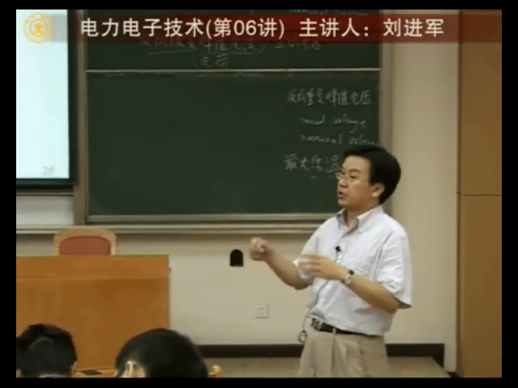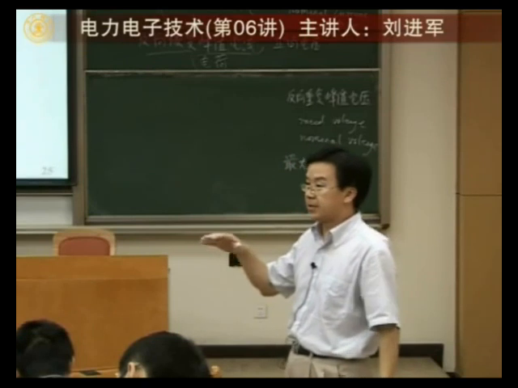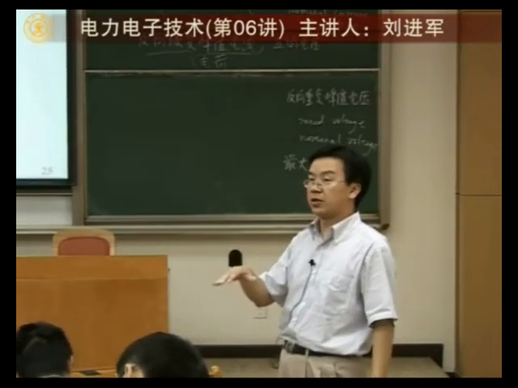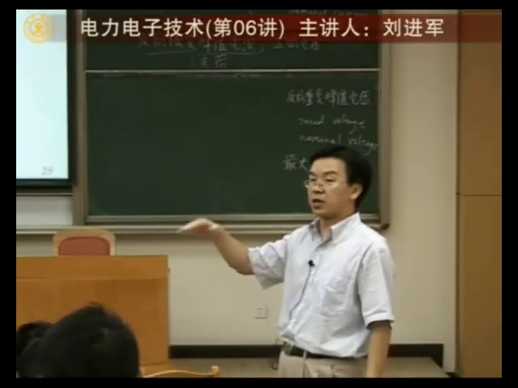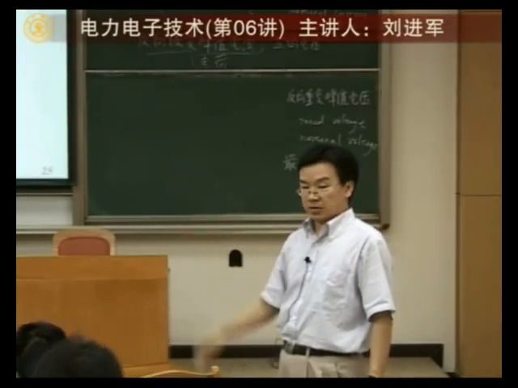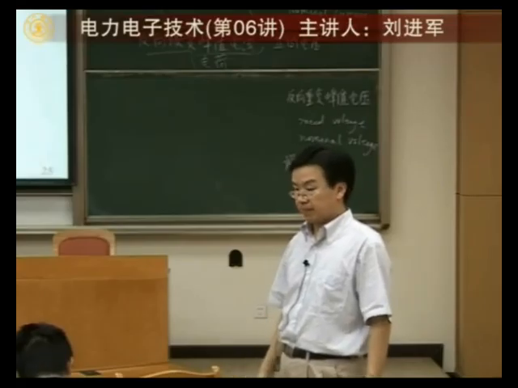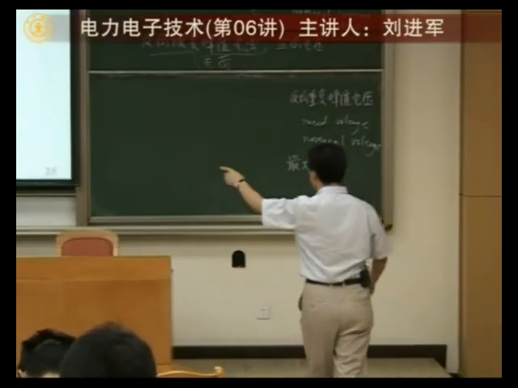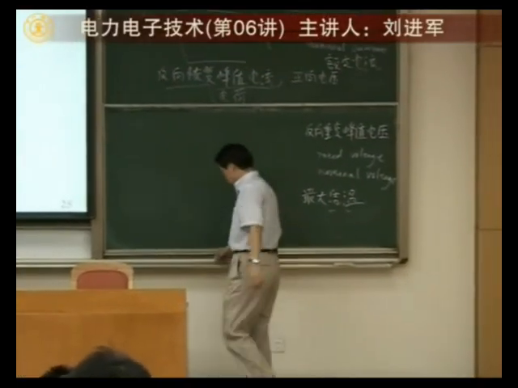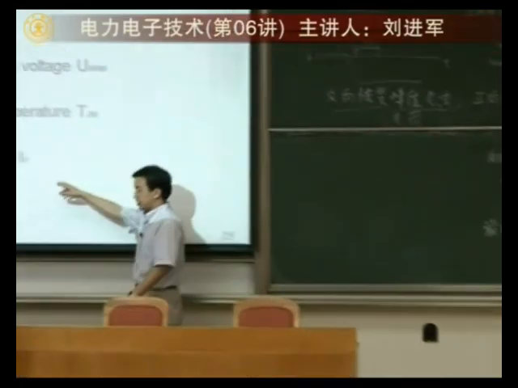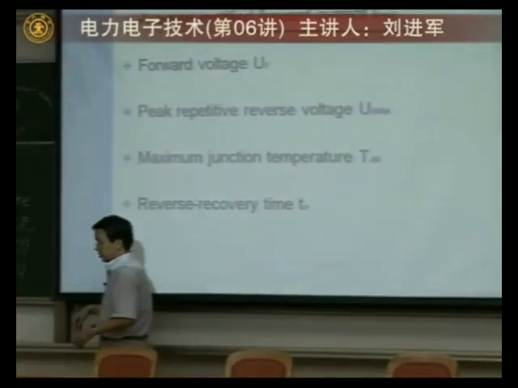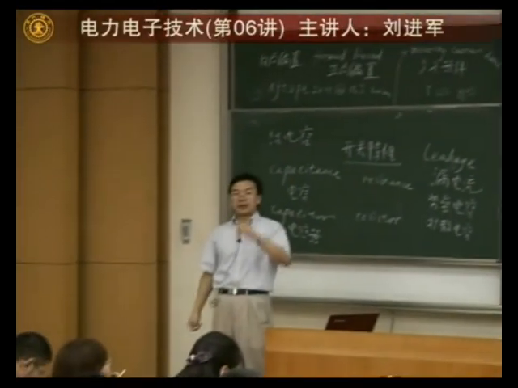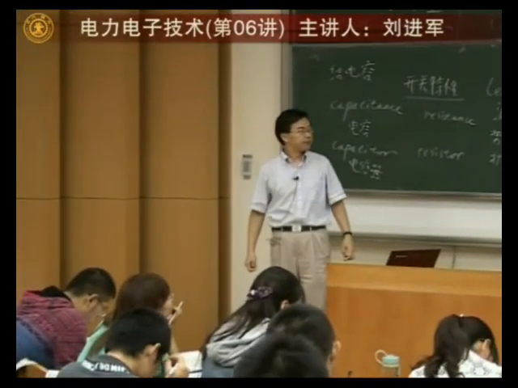Okay, that means you always want to keep the actual temperature of this p-n junction below that level. If you are reaching that level, you are reaching the boundary of destruction. Okay, maximum junction temperature. Reverse recovery time, we have mentioned this specification. Those are the specifications we usually use to describe a power diode's capability.